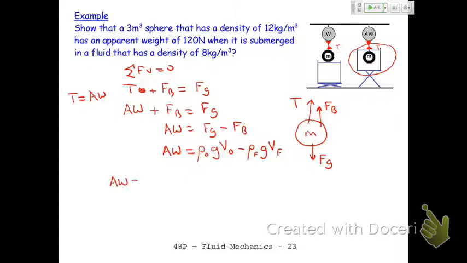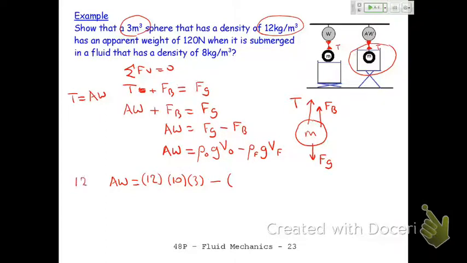So my AW is equal to, do I have a density for this object? The sphere, yes, that's 12 times 10 times the volume, minus the density of the fluid.